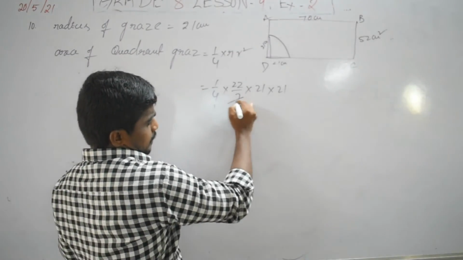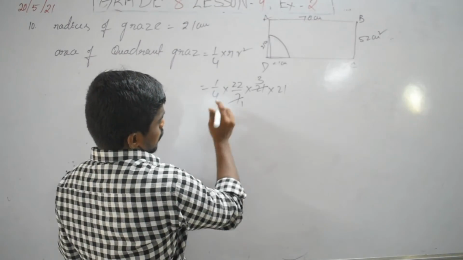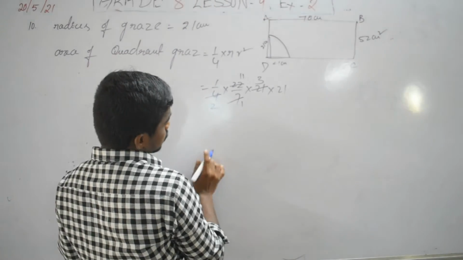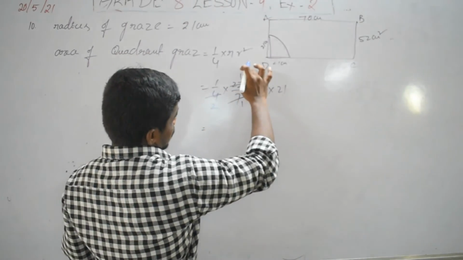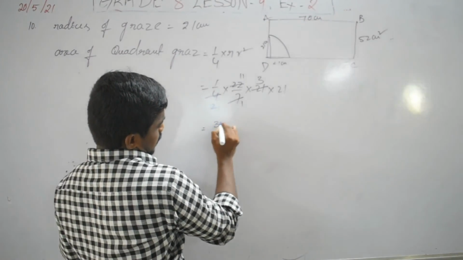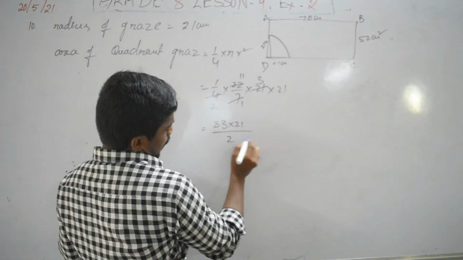Here 7 1 is 7, 7 3 is 21. 2 2 is 2, 2 11 is 22. 11 3 is 33 times 21 by 2.